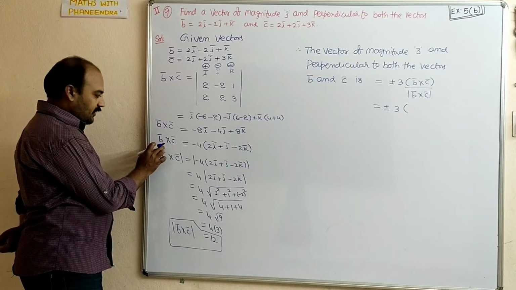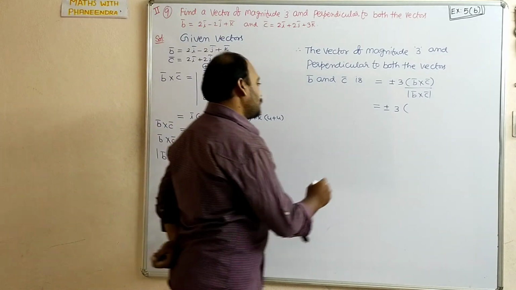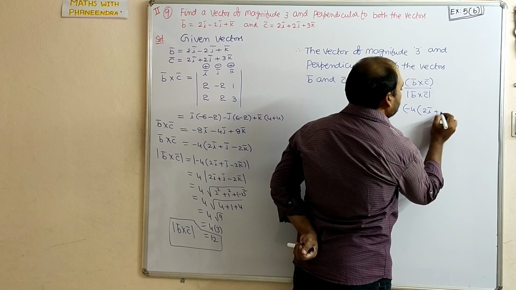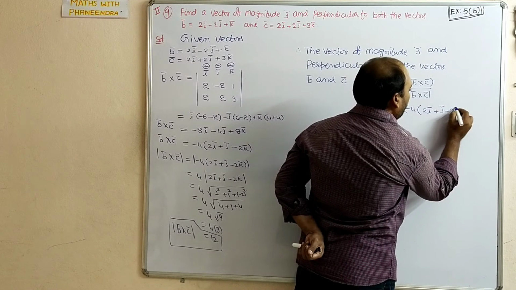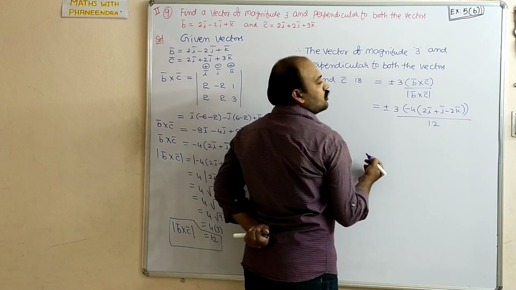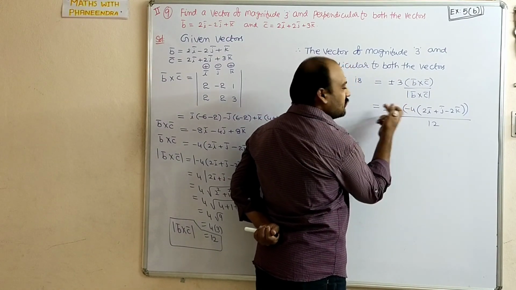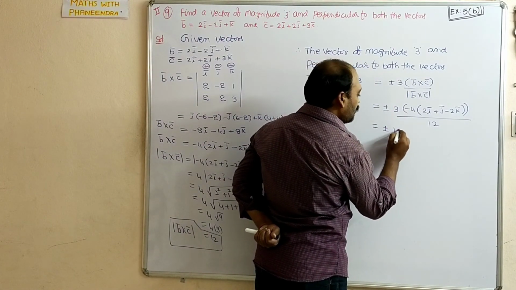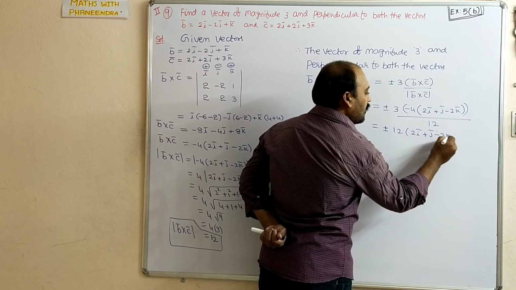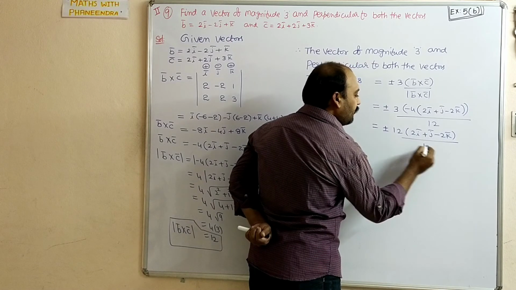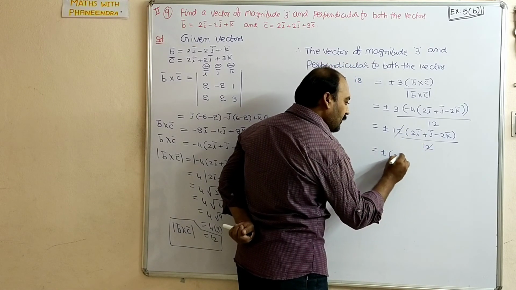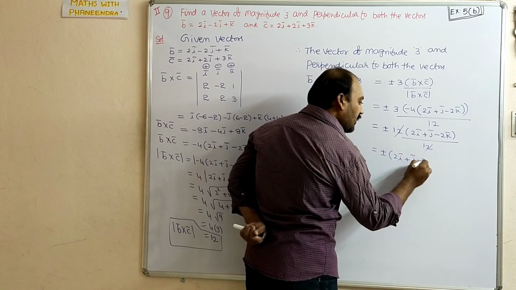Here it will be minus 4 into 2i plus j minus 2k divided by 12. So plus or minus into minus is plus or minus only will come. 12 into 2i plus j minus 2k divided by 12. So 12 gets cancelled. Plus or minus 2i plus j minus 2k.